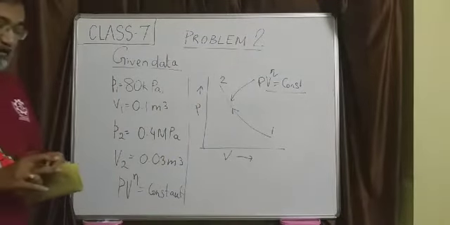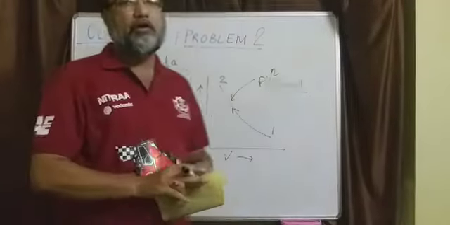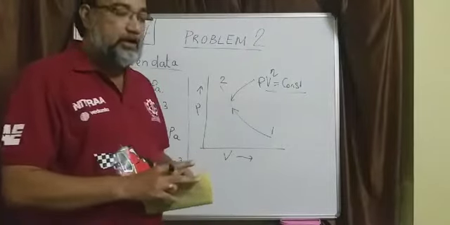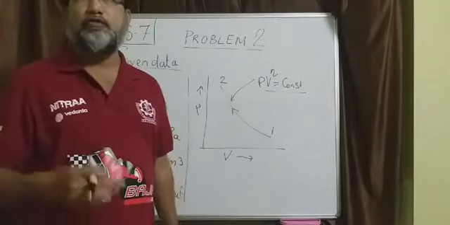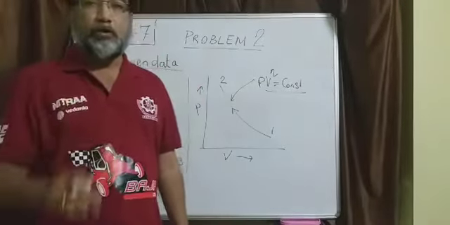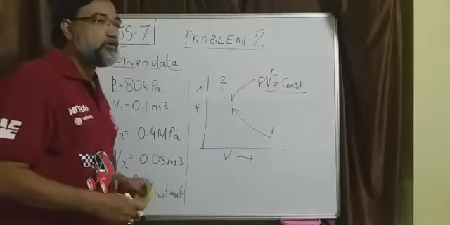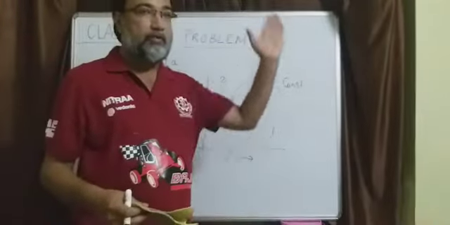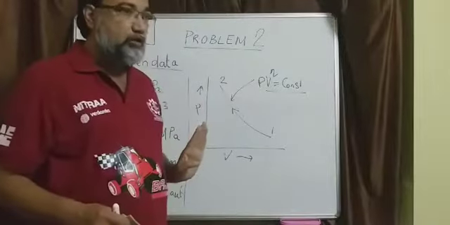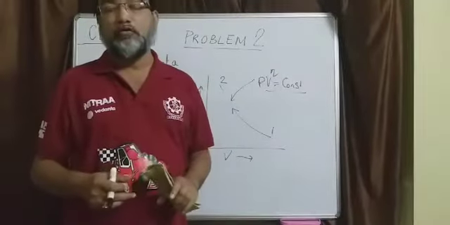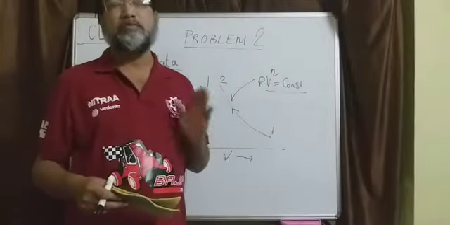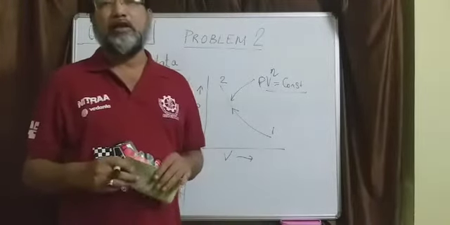And what is the next one? All that you have to do is to find out the work done in this process. And by now you know what is the expression for work done in a polytropic process. If n is the polytropic index, then if you look at the table we have prepared, the particular process and the corresponding amount of work done, you will find that for a polytropic process it is P1V1 minus P2V2 divided by n minus 1.